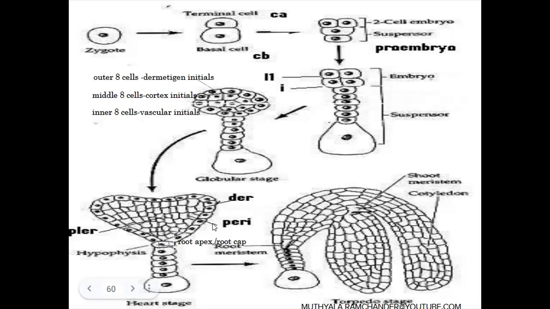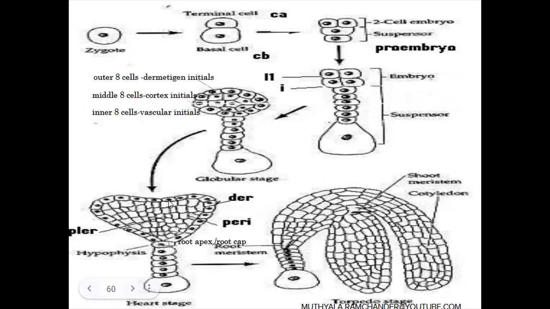They develop into the cortex of the shoot, called periblem, and plerome. In the center region, 8 cells are present. They are called vascular initial cells. The vascular initial cells again participate in mitotic division to form a mass of cells. They are called plerome. They develop into the vascular region of the shoot.